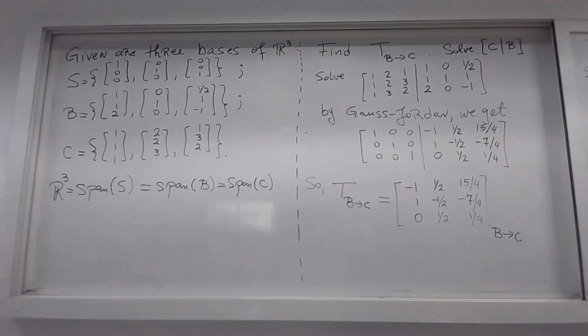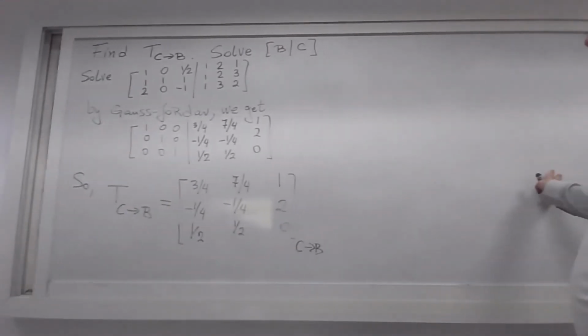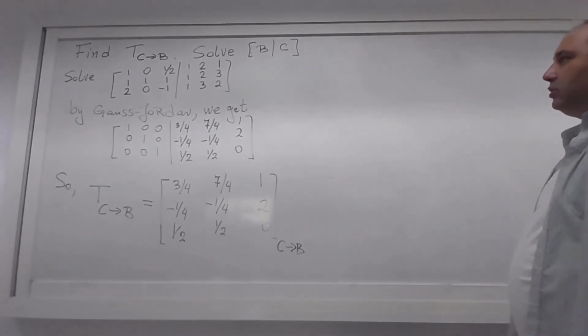Now, to get the transition matrix from C to B, we could compute the inverse of this. Well, it's not so obvious because we have fractions, it's ugly, so we are going to simply do the process all over again.